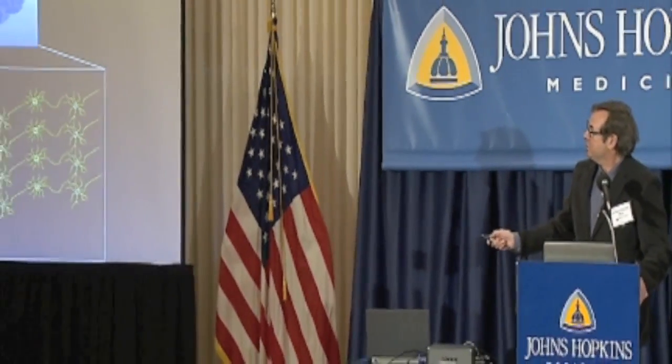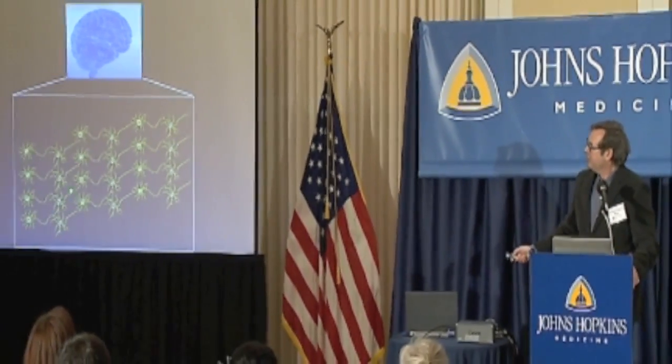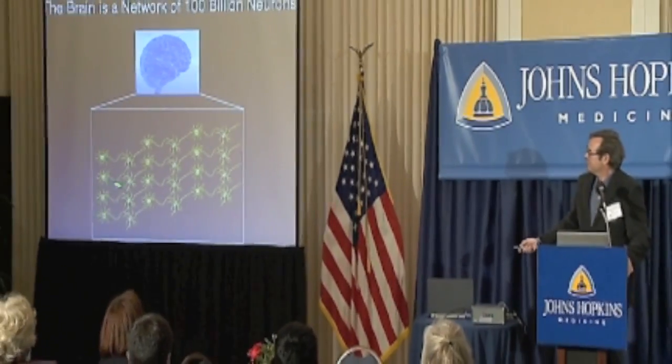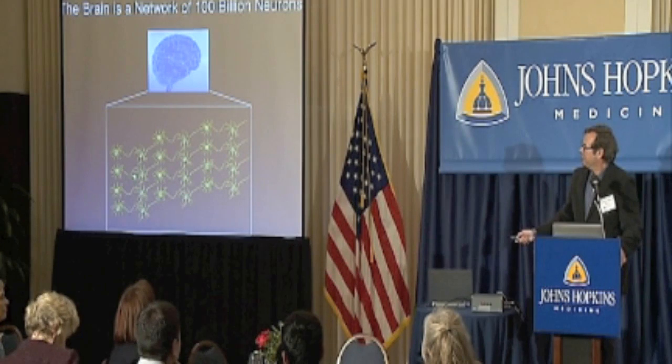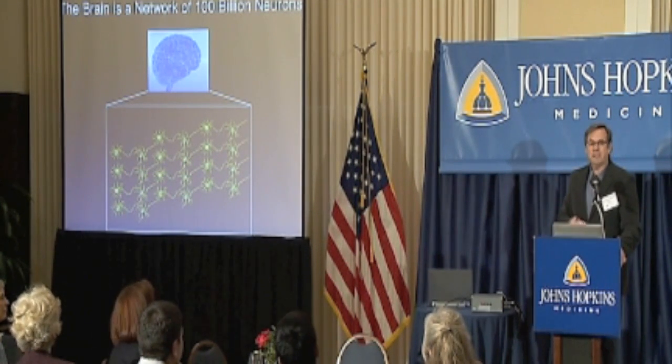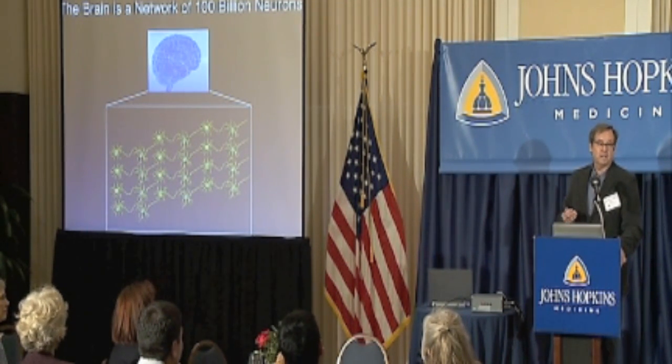But the brain has this network of billions of neurons, and these neurons are interconnected at synapses, which I'll discuss in a second. And they form unique neuronal circuits in various areas of the brain, and it's these complex circuits that underlie our complex behavior.